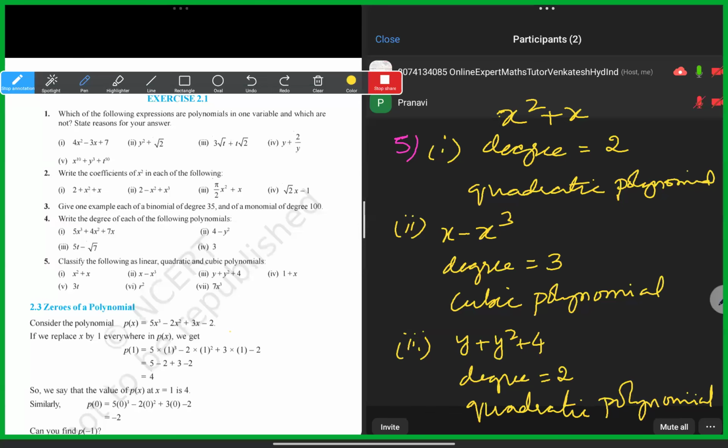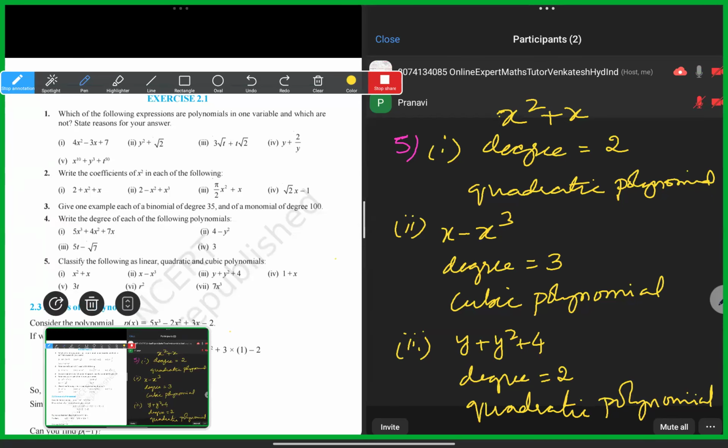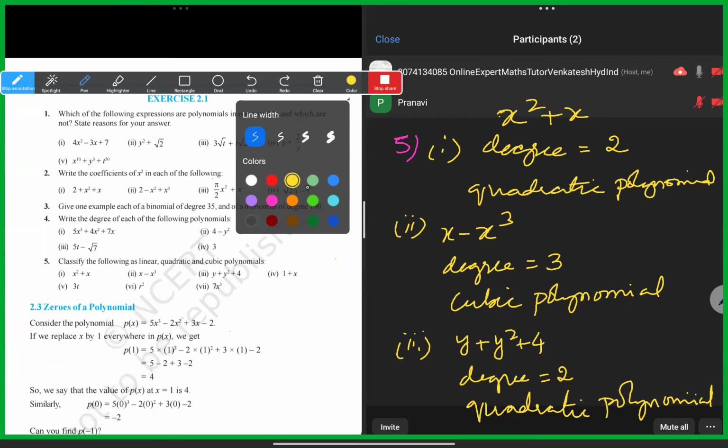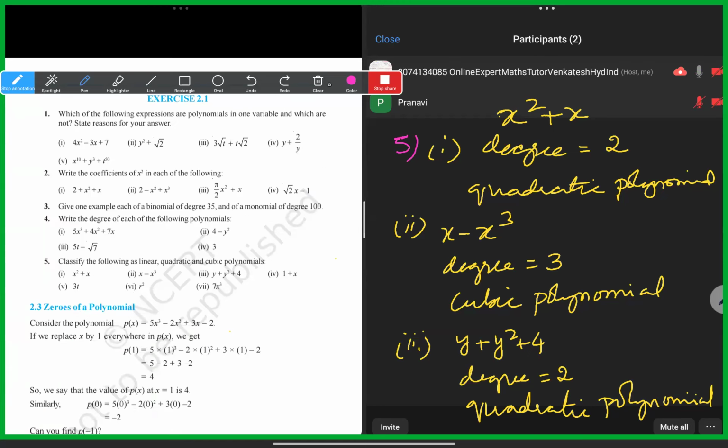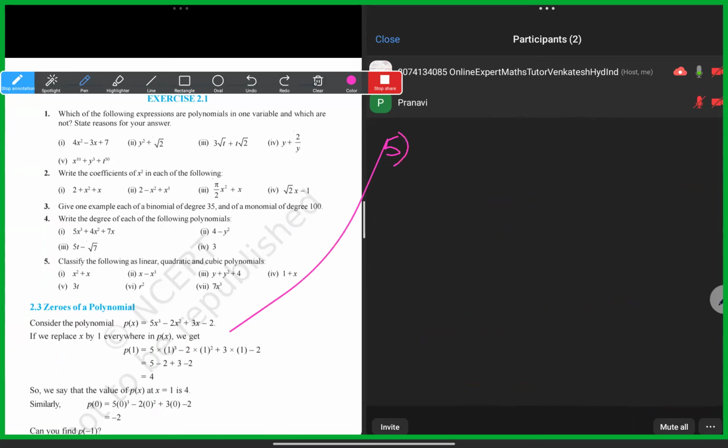Then the fourth one, Pranavi, 1 plus x. So the degree is how much, Pranavi?